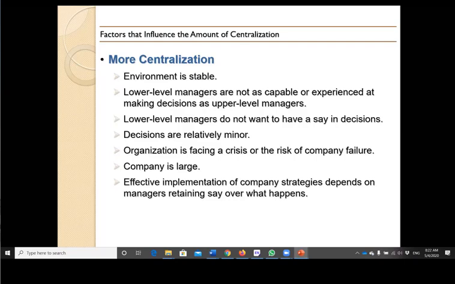Because it's not their strength, they are too busy to be involved in that. It's just simple, it's not their job, right? Another case for more centralization is when the decisions are relatively minor, not a very large thing to be considered, right?